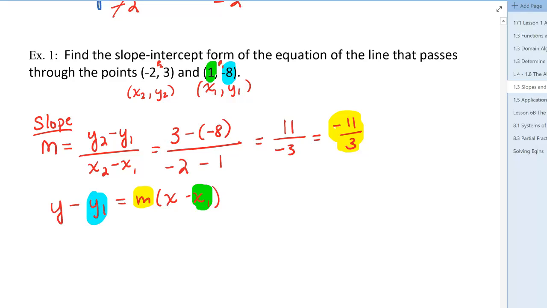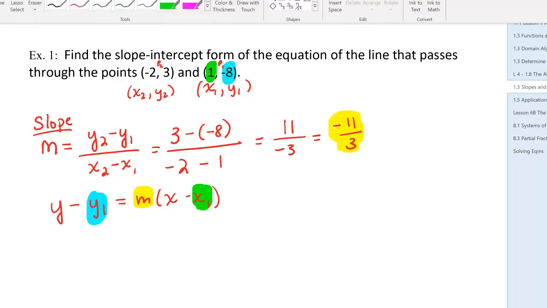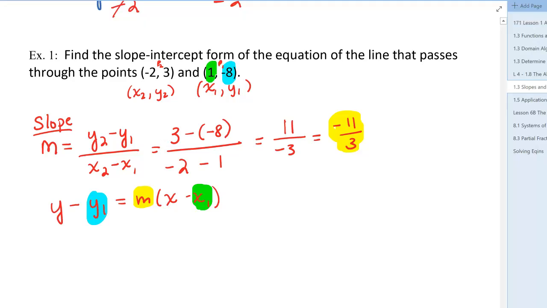But we don't plug in anything for x and y. All right, so that's going to give me y minus negative 8 equals negative 11/3 times x minus 1.